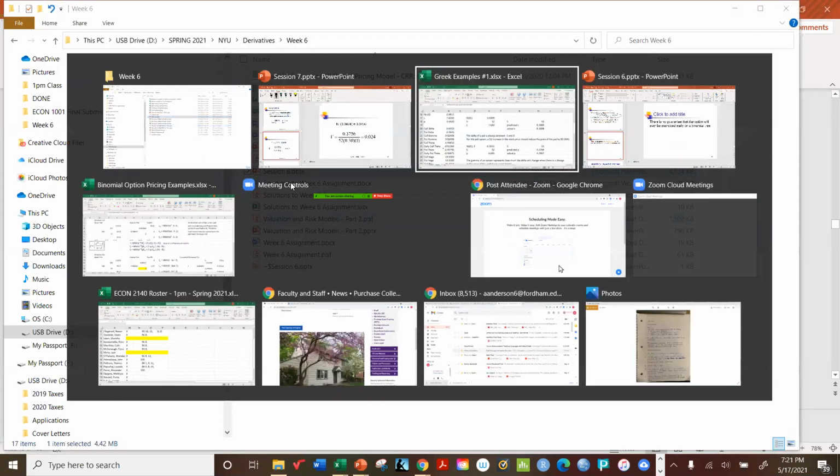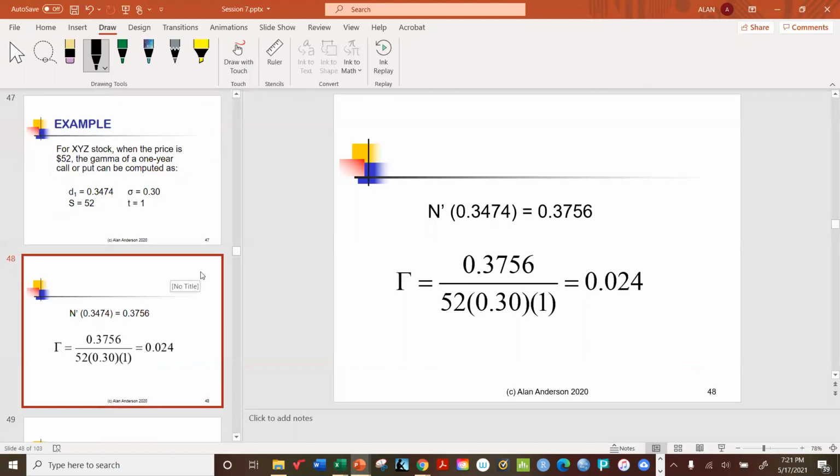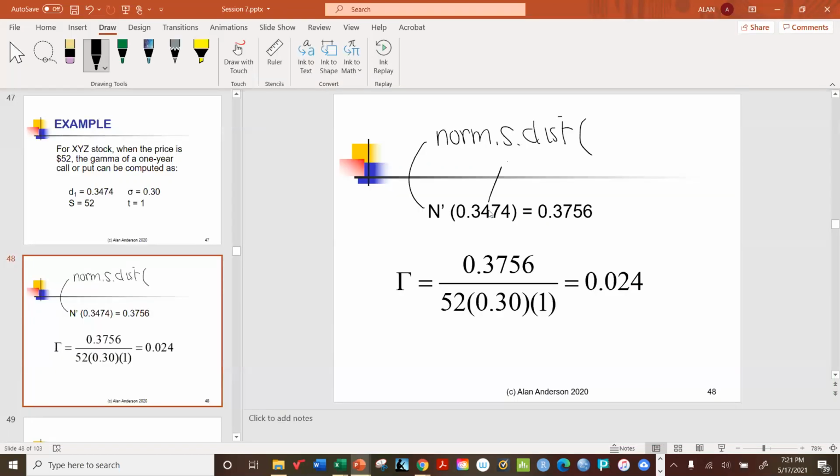And by the way, the Excel formula for n prime is called norm. Well, actually, here's what you're doing here. If you think of this as x, so this is non-cumulative.